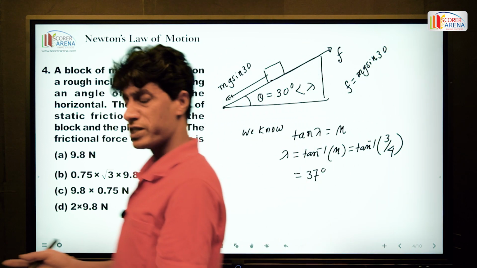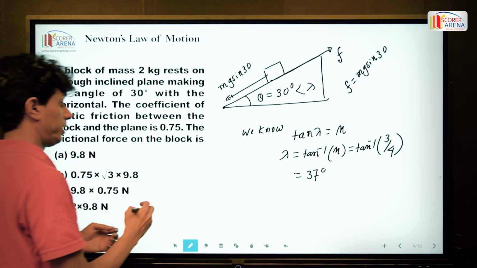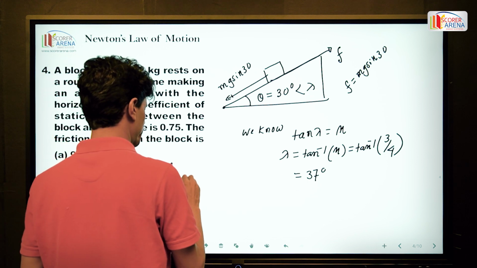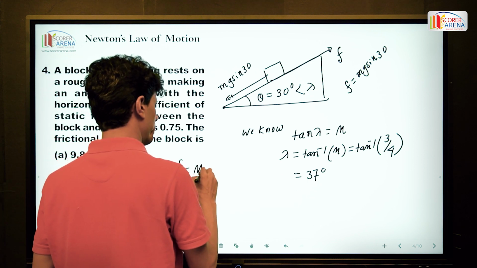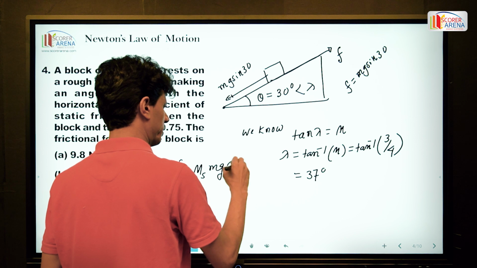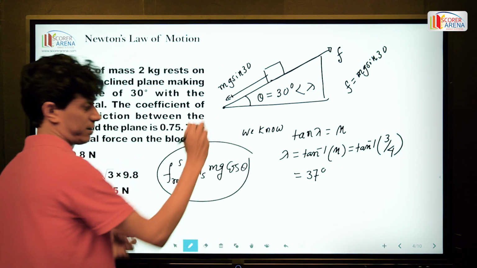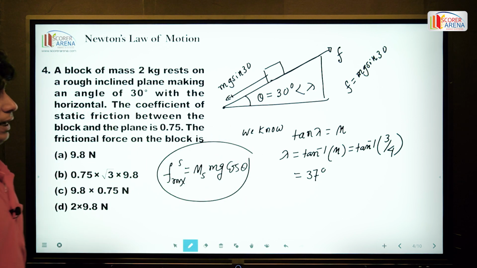Sometimes students may find the wrong answer immediately after going through the problem. The maximum static friction is equal to mu s mg cos theta. But this is not the answer. Actually, the answer is mg sine theta.